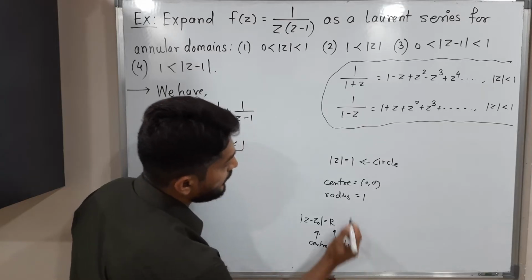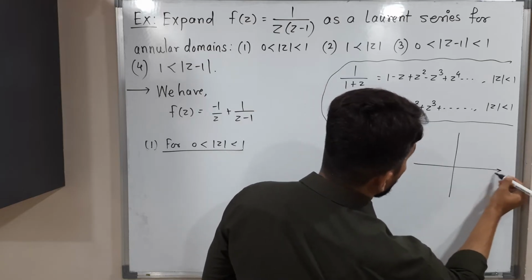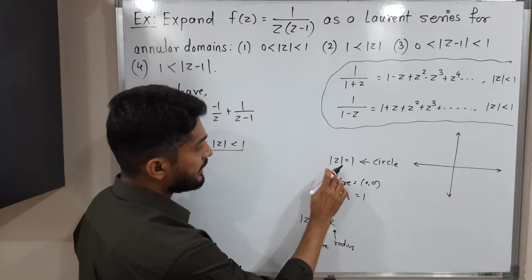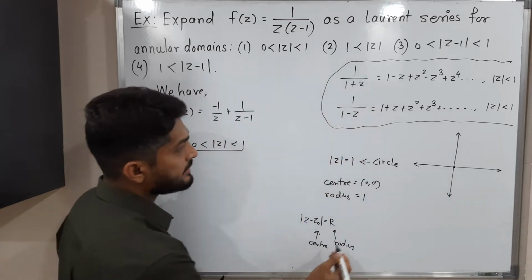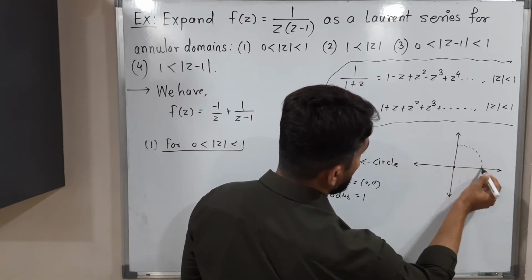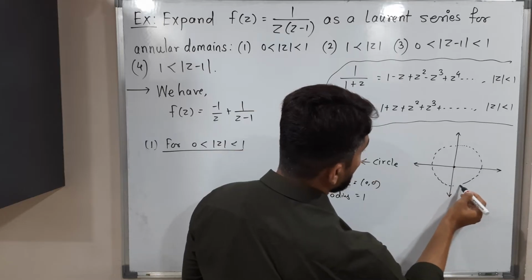Okay, so here you can easily see we have a circle. Let me show here. This is the real axis and this one is the imaginary axis. We have a circle with center 0, 0, the origin, and radius 1. So I can draw a circle like this. I'm drawing a dotted line here because, can you guess?